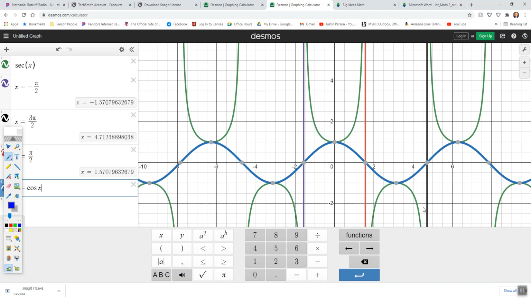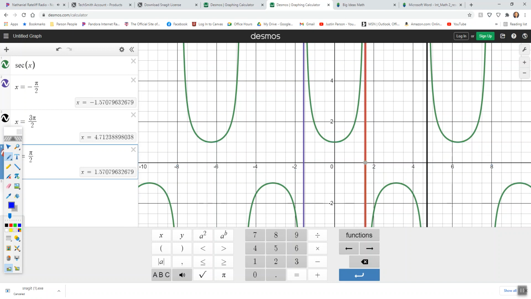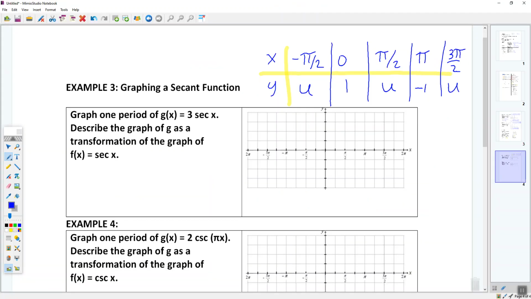So let me get this out of here. Back in the notes it says we want to graph one period of g of x equals 3 times the secant of x. So here's what's going to happen, kids. Is 3 going to affect the x values or the y values, my friends? The y values. Will this be a vertical stretch or horizontal stretch? Vertical.